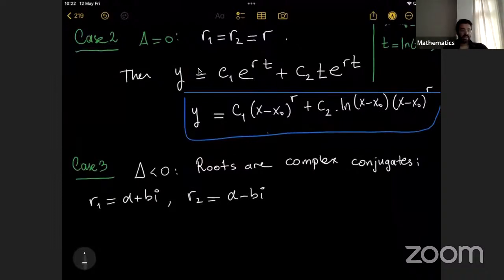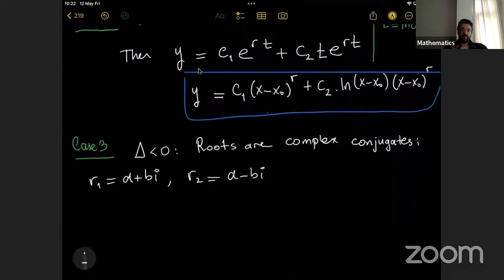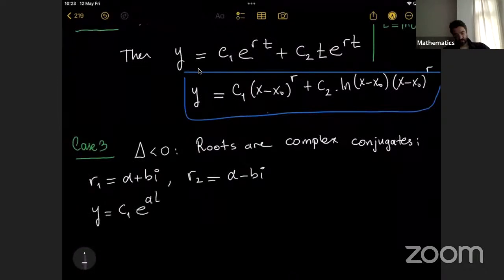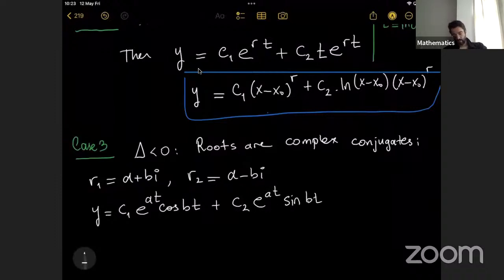And in that case, remember the solution is basically the real and imaginary part of the complex solution: C1 times e to the At times cosine bt plus C2 times e to the At times sine bt, right? The first one is the real part, the second one is the imaginary part, so the combination gives you the general solution.